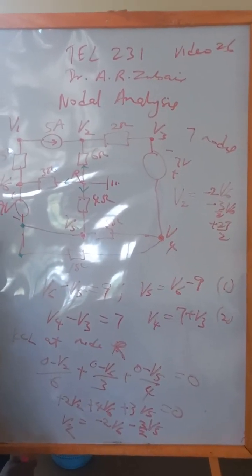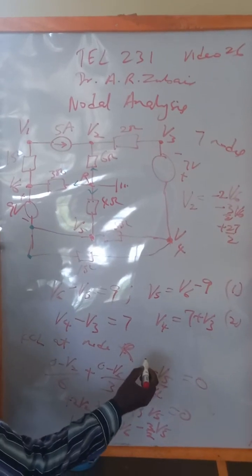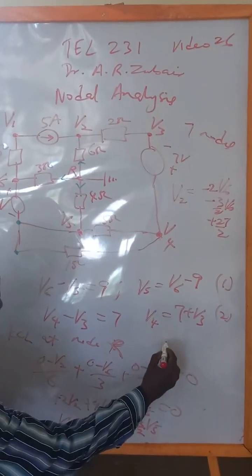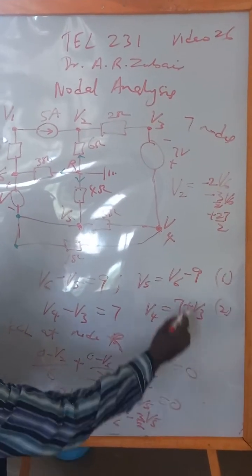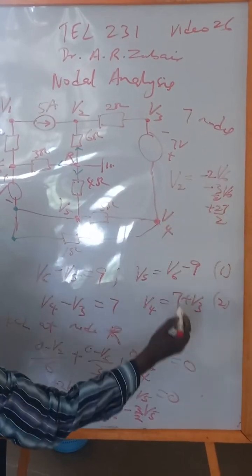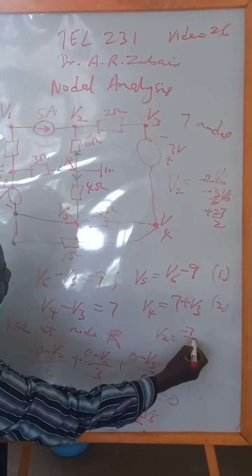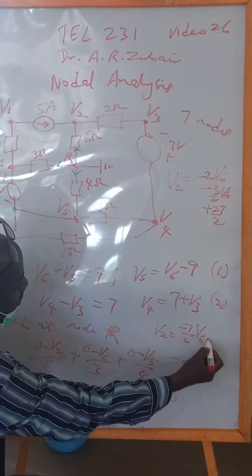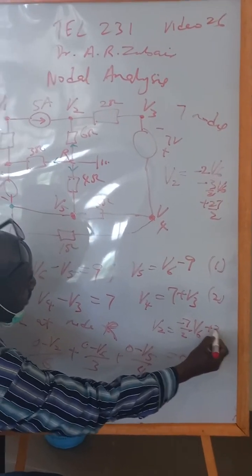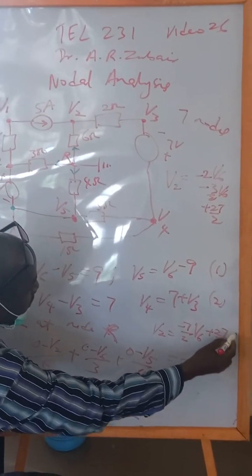So I can rewrite that expression to mean that V2 equals minus 7 over 2 V6 plus 27 over 2.